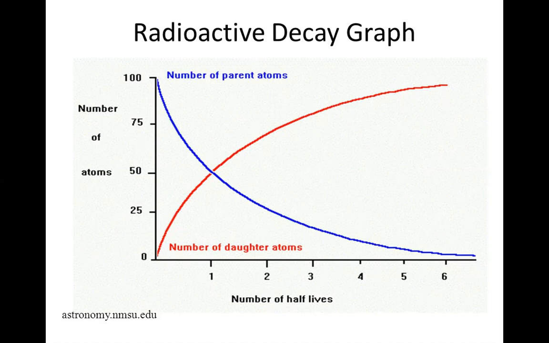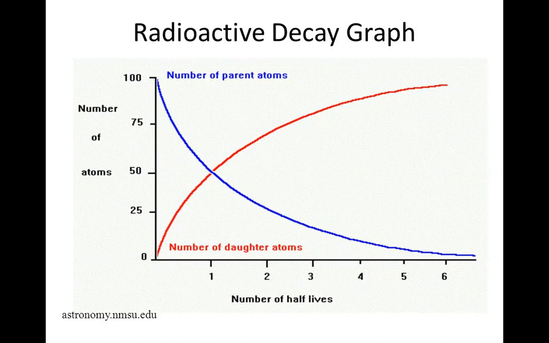So why is this kind of helpful to us? Well, it turns out that mathematically, the number of parent atoms, potassium in our case, decreases over time due to the spontaneous fission occurring within these atoms. So that blue curve represents the number of parent nuclei.